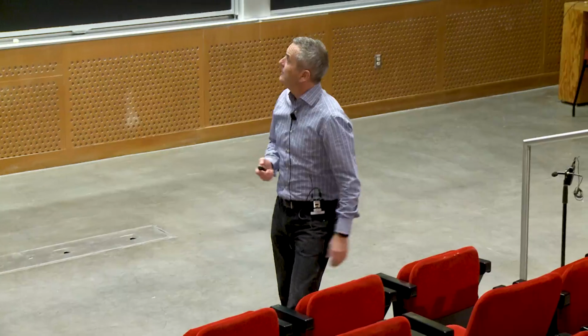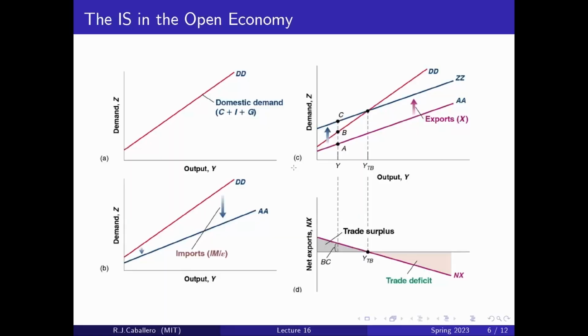Good. So let's do that. Remember, the very first diagram we had in this class was this one. This was just the domestic demand, which was just C plus I plus G. It's an increasing function here because consumption and investment are increasing functions of output.